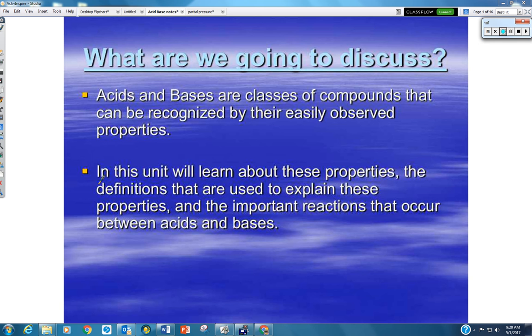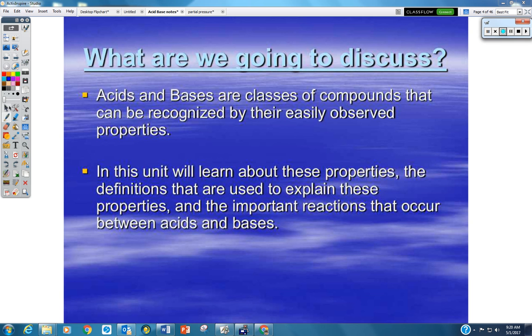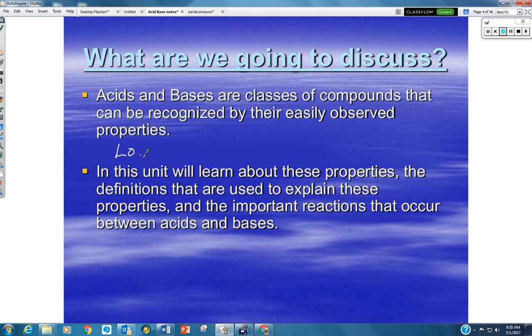All right, so we're going to start looking at properties of acids. Does anyone recall some properties of an acid from way back when? All right, so one of the things that I heard: acids have a low pH. By low pH, what is the pH scale range from?